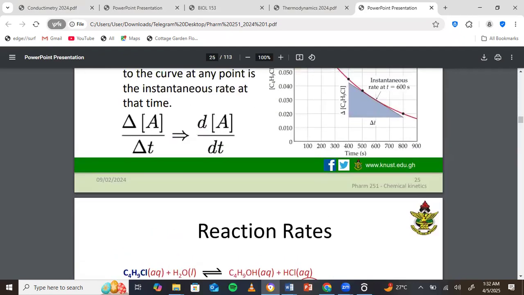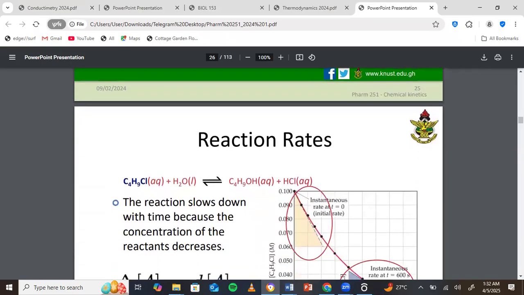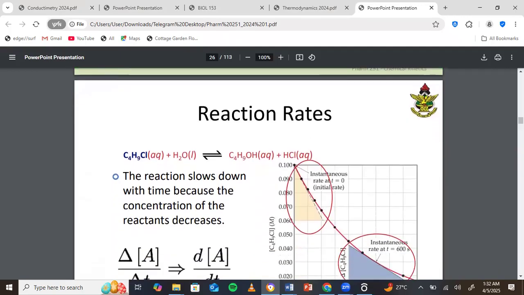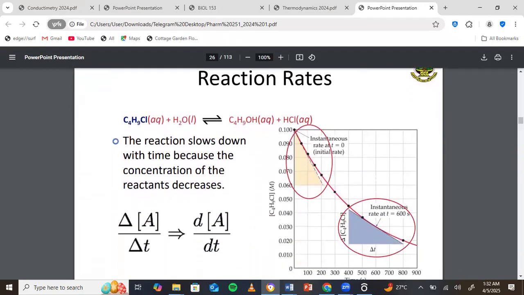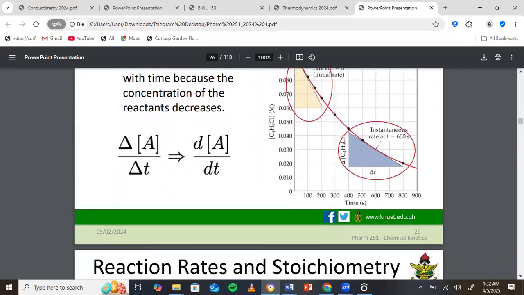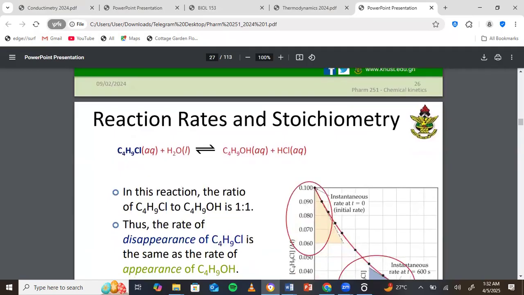The change in concentration over change in time can be represented as d of concentration over dt, right? So that's differential. This is the differential rate. Now, the reaction slows down with time because the concentration of the reactant decreases. We have already talked about that, right?